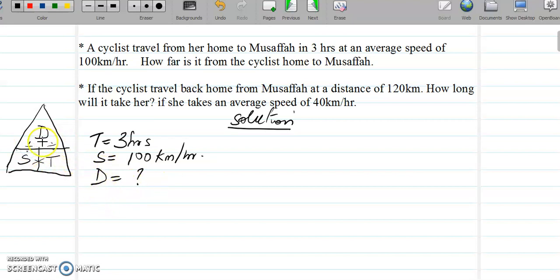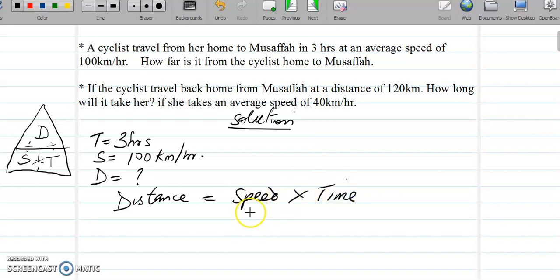Distance will be speed times time, and the speed is 100 kilometer over hour, that's per hour, times time is 3 hours.